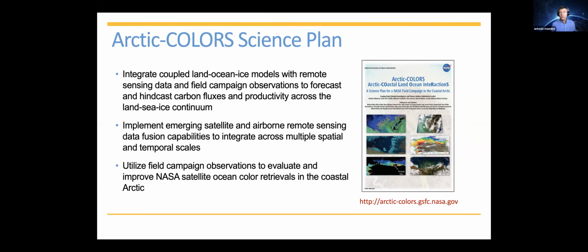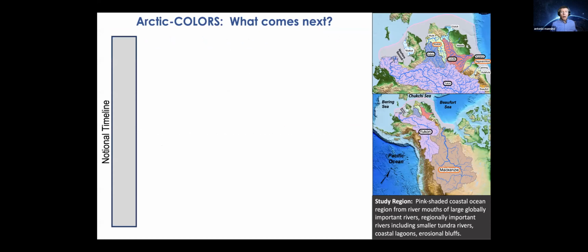But there are also areas that remote sensing cannot help us, for example, seeing under ice plumes. So the field measurements are critical, and the models fill in additional gaps, both in terms of hindcasting and forecasting, as well as the four-dimensional time and space.